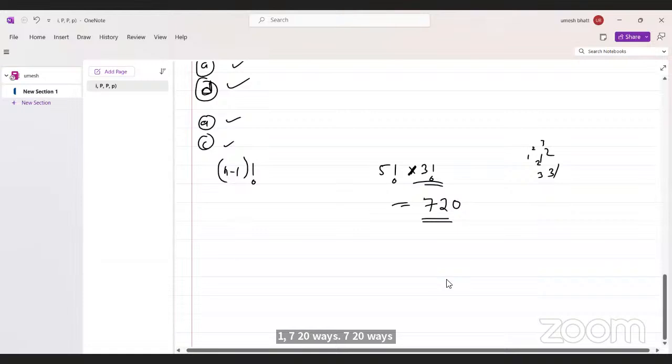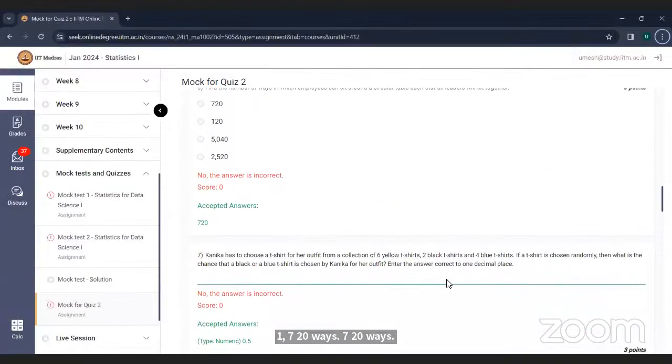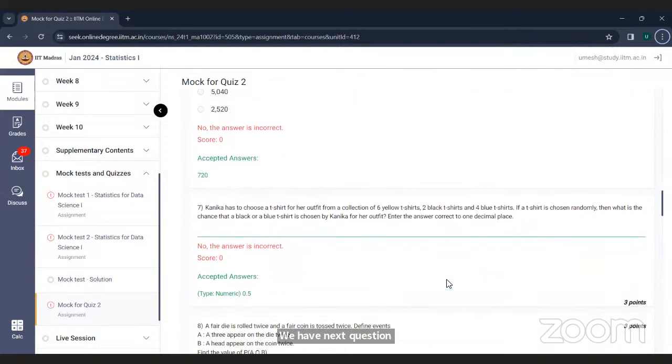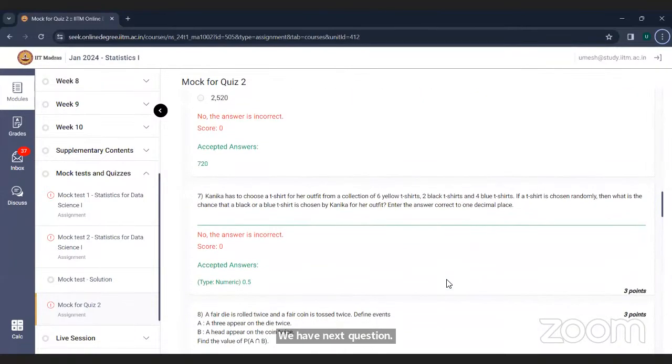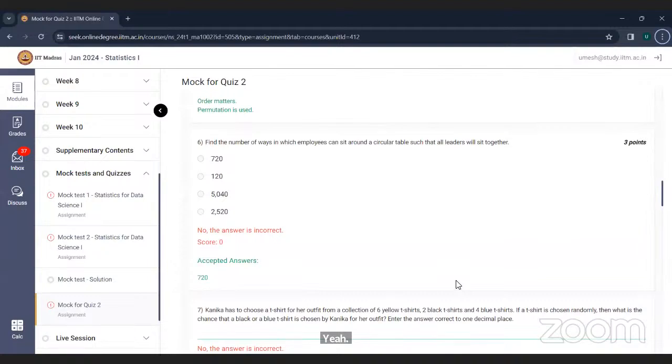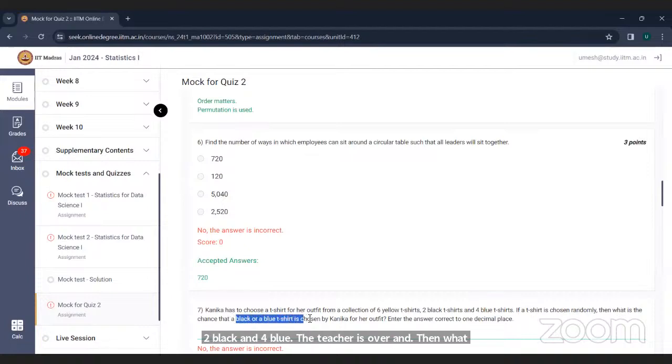Now we have the next question. Okay, sorry. Kanika has to choose a t-shirt for her outfit from a collection of 6 yellow t-shirts, 2 black and 4 blue. If the t-shirt is chosen randomly, then what is the chance that a black or blue t-shirt is chosen?